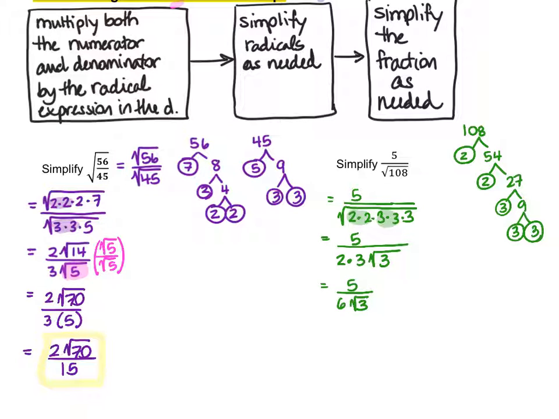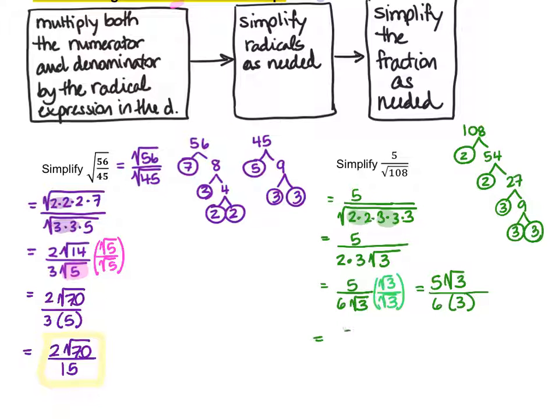We're ready to multiply the numerator and denominator by the radical that we have in the denominator, and that means we're going to multiply by square root of 3 over square root of 3. That is going to give us in the numerator 5 times the square root of 3, and in the denominator we're going to have 6 times the square root of 3 times the square root of 3, or 6 times 3.